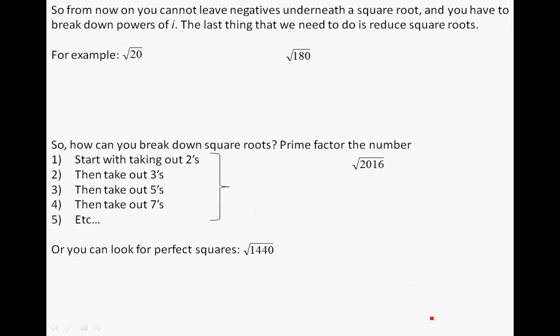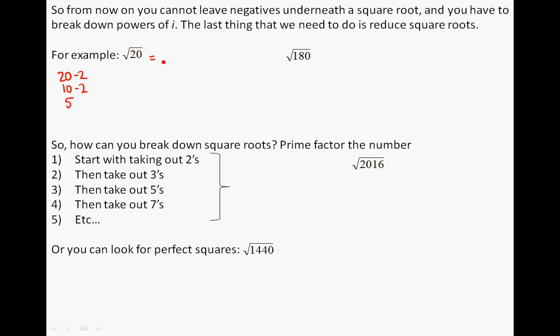Alright, so the next thing we need to work on a little bit then is reducing square roots. So reducing square roots means this, and I'm going to do the first one the long way. So 20 can be broken down. What I mean by that is this: 20 divided by 2 is 10, divided by 2 is 5.